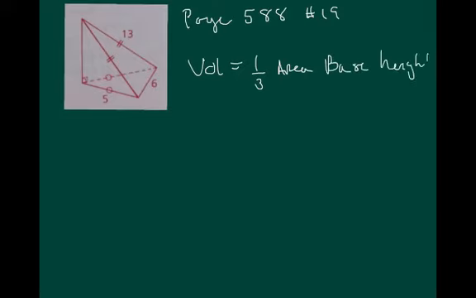So our trick is to first find the area of the base, and the base looks like an isosceles triangle which has a base of 6 and two legs of 5. So I'm going to drop an altitude from the vertex to the base, and since it's an isosceles triangle, that will bisect the base into two parts of 3 each.